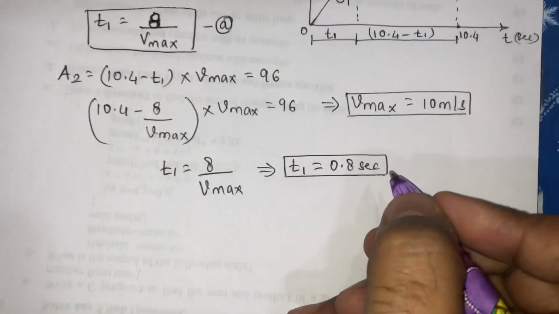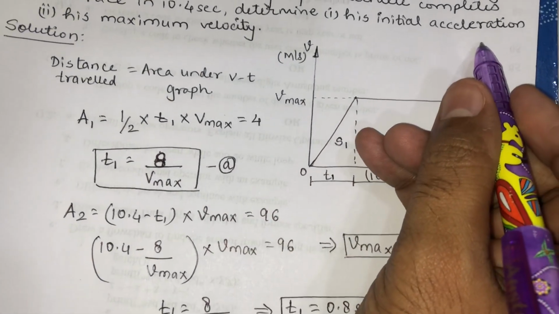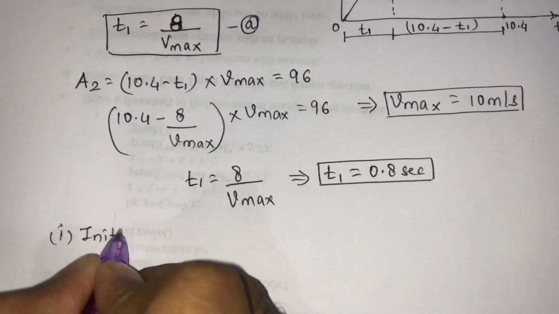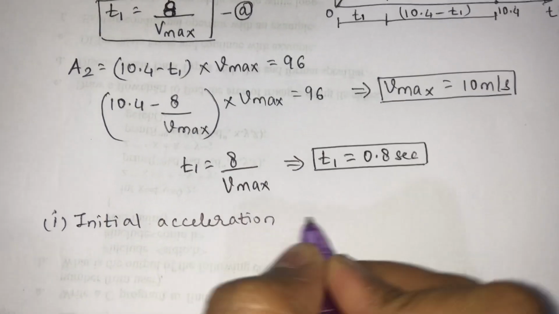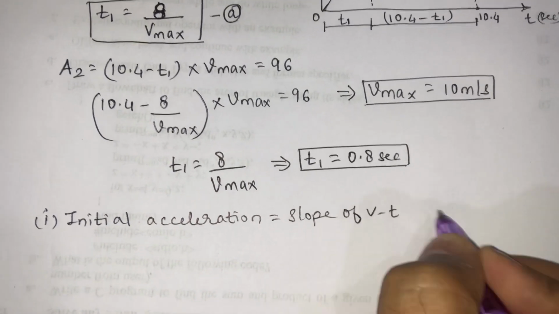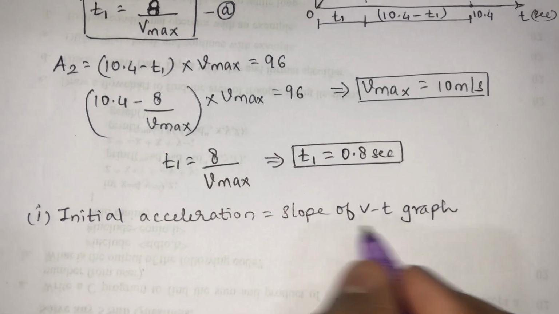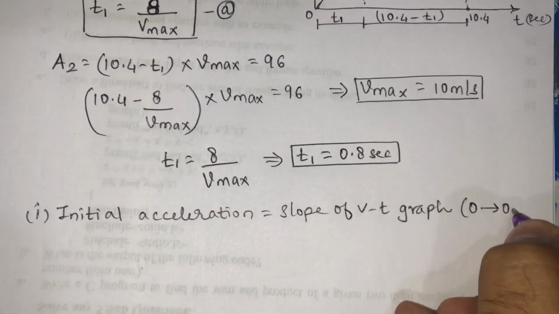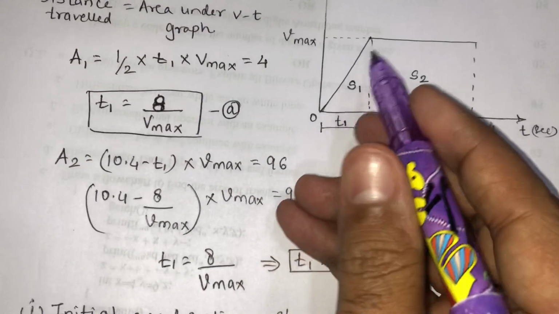Now the question asks for his initial acceleration. So what is the initial acceleration? It's the slope of the V-T graph, which we say as a = dV/dt. So it is the slope of the V-T graph from 0 to 0.8 seconds, the 0.8 seconds we got from here till here.